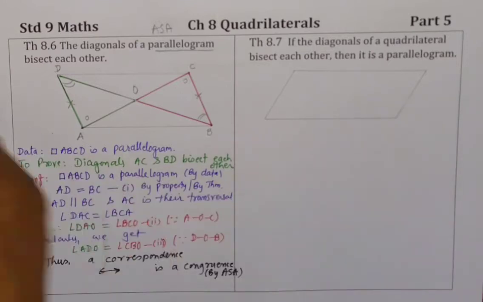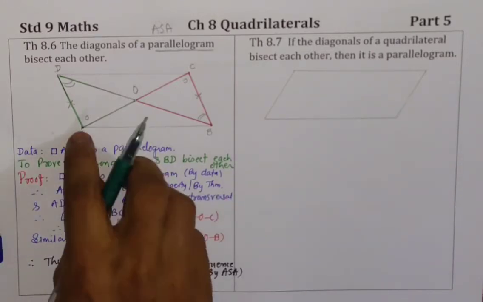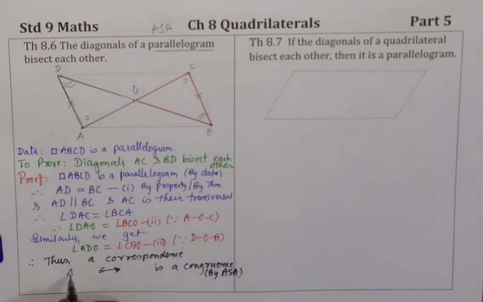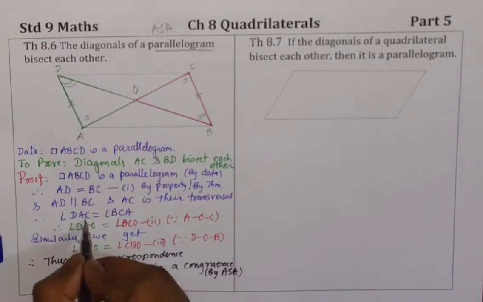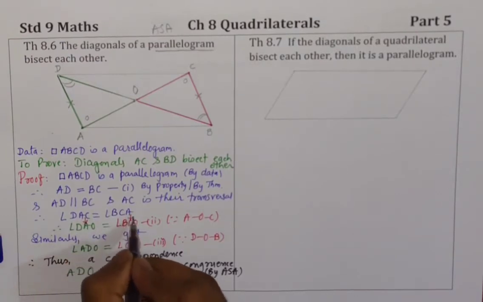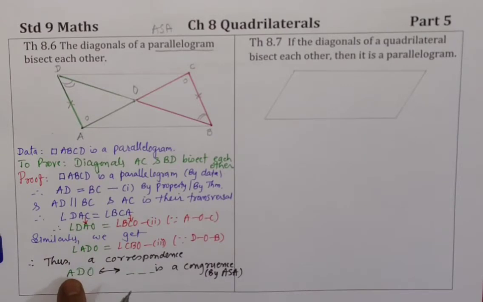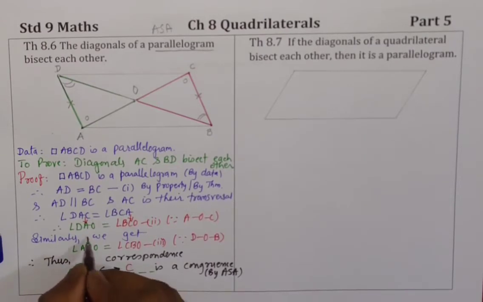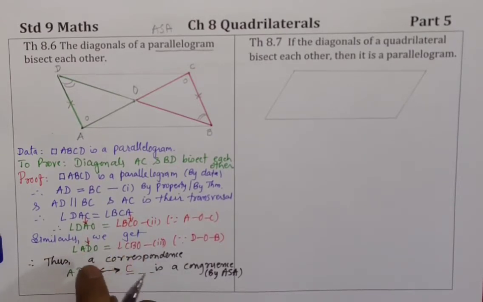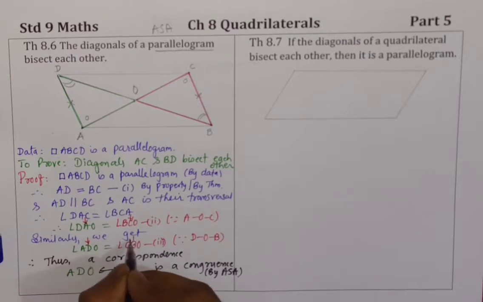Correct children? Now green, I am writing ADO. Here dash dash dash. You will get that red part very easily. In the middle see A and in the middle see C. So A corresponds to C. A first, so C first. You got another pair of corresponding equal angles. So D is in the middle, B is in the middle.